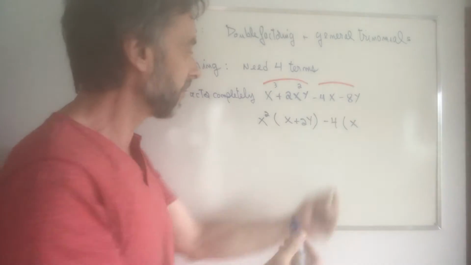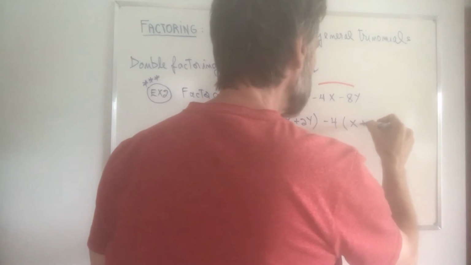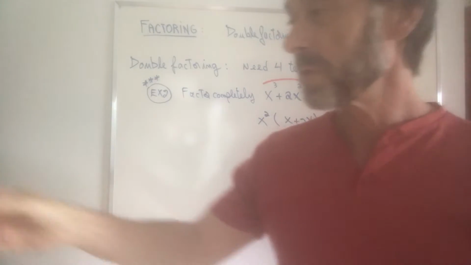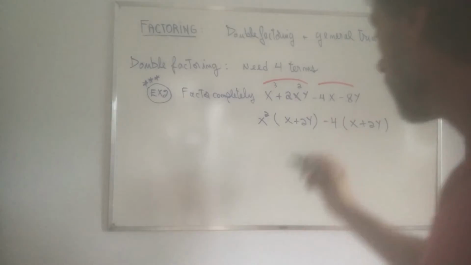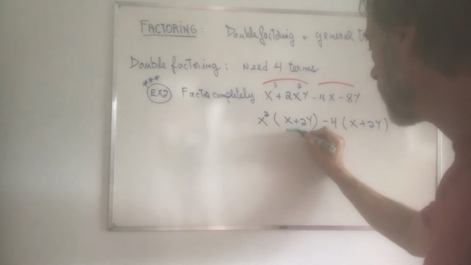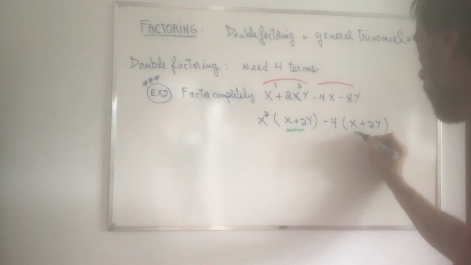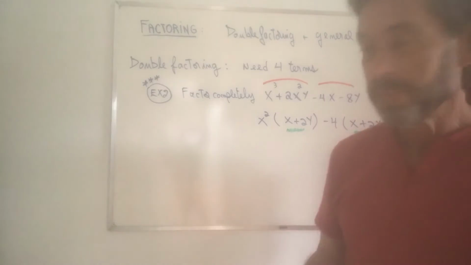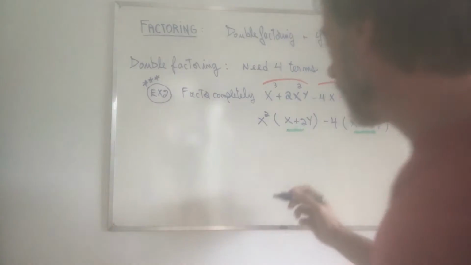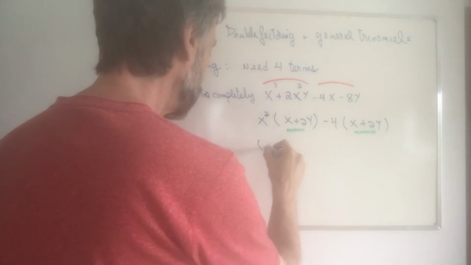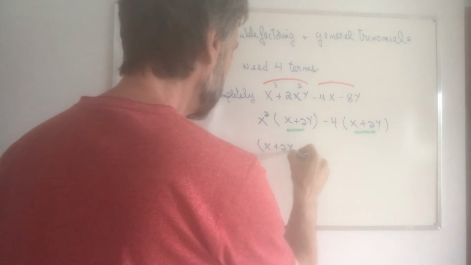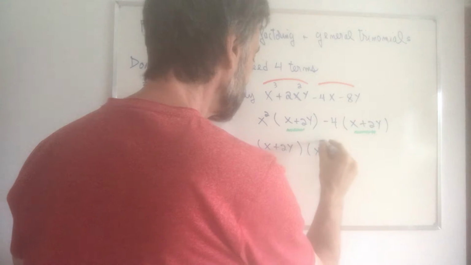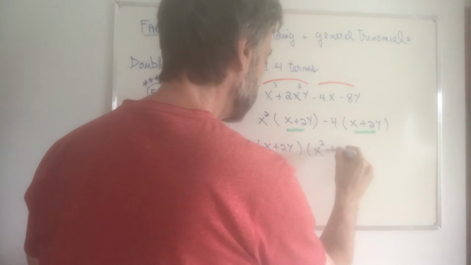Take away minus 4 from minus 8y, so that's plus 2y. And once again, success. Why? Because this bracket here is the same as this bracket there. So as long as this happens, we can refactor the x plus 2y outside. So x plus 2y, a factor of x squared is left here, and minus 4 is left there.